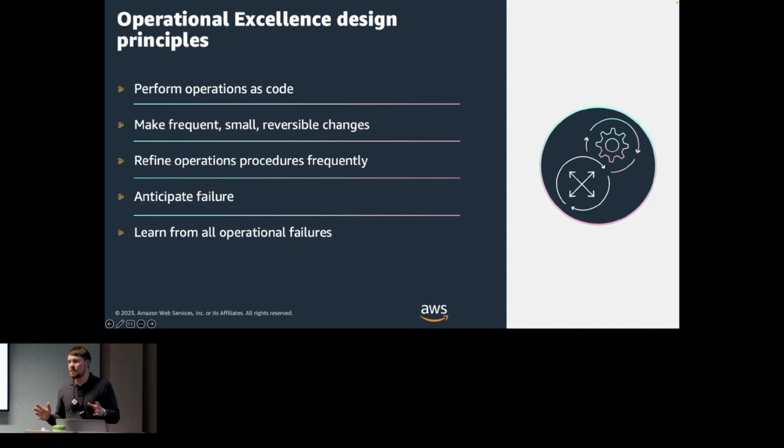Give your teams time to improve your operational procedures. As your workload evolves, so should your operations. And at the same time, try to go one step further. Try to anticipate potential sources of failure and remove them, or put mitigations in place before they occur, so you can effectively handle them should they materialize.